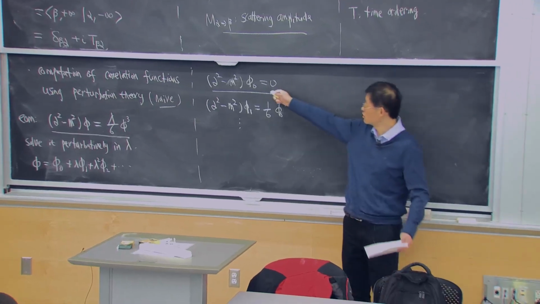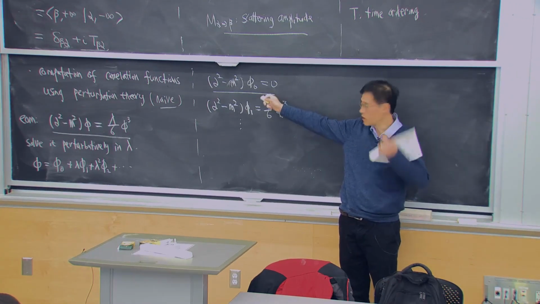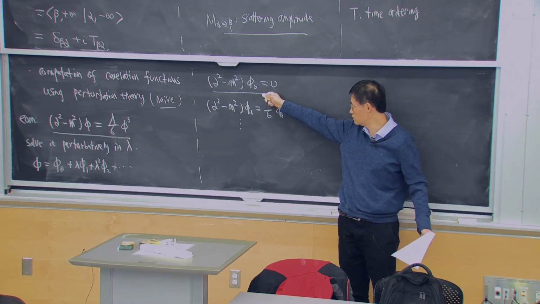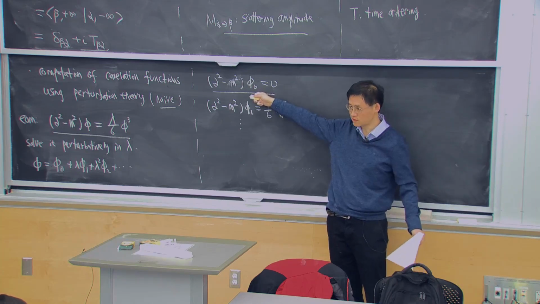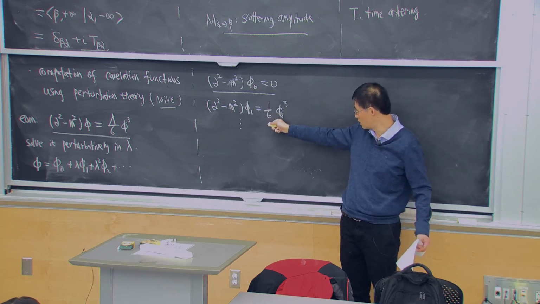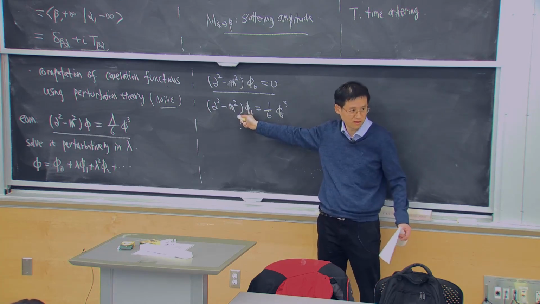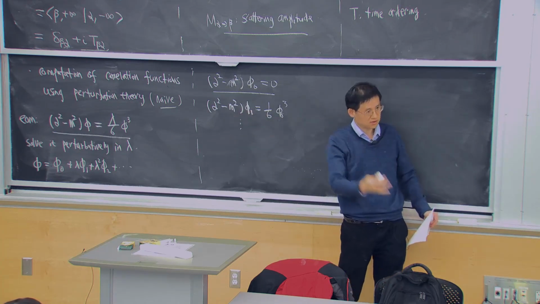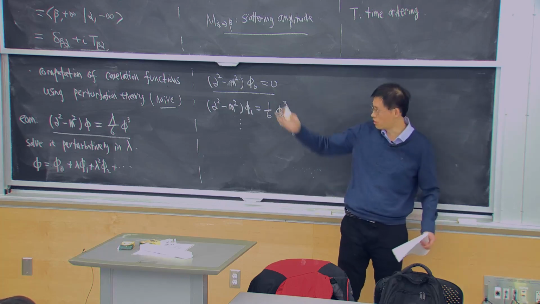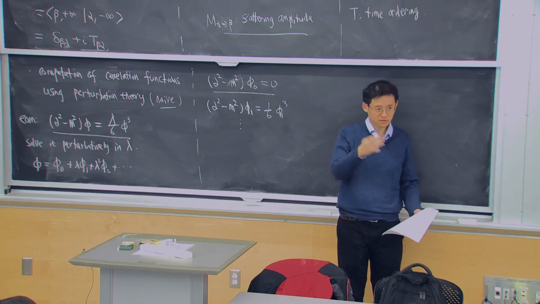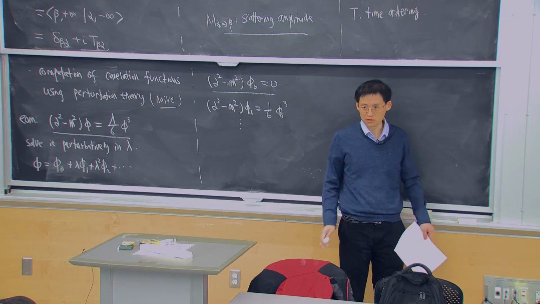This equation we know how to solve. Once you find a solution for φ₀, you plug it in, and now this just becomes a linear equation, so you can solve for φ₁. Similarly, you can solve φ₂, etc. Order by order, you can solve all of them, and all of them become linear equations.